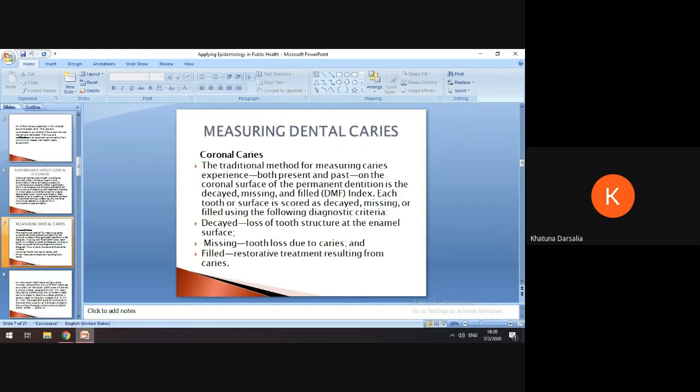The standard caries indices currently used in the primary dentition are the DF index, so decayed and filled index, and the DMF index, so decayed, missing, and filled index. The DF index counts either the number of decayed and filled primary teeth or the number of decayed and filled primary surfaces.